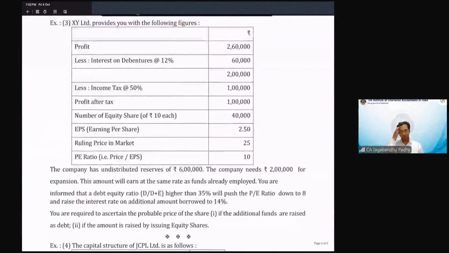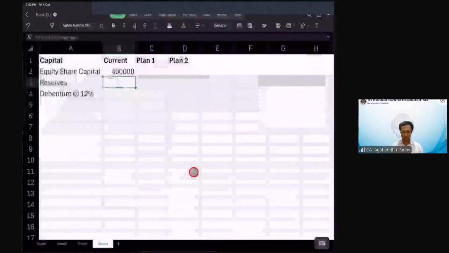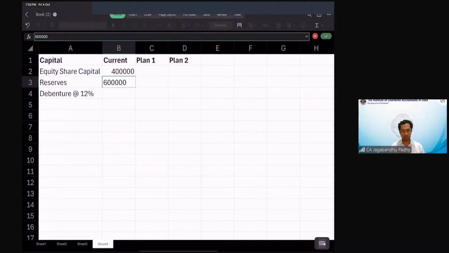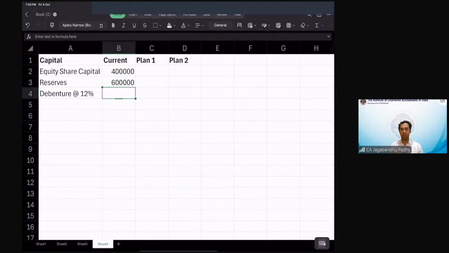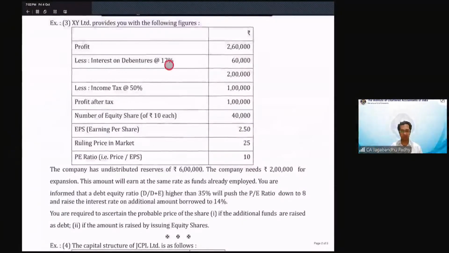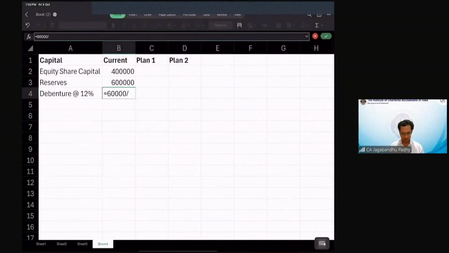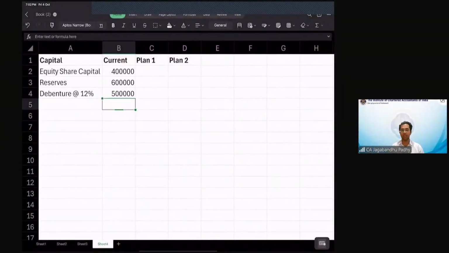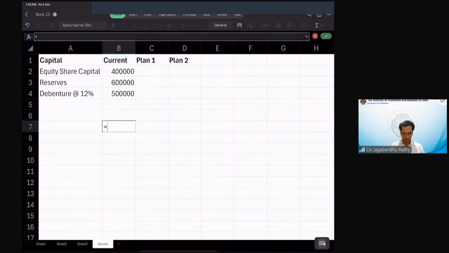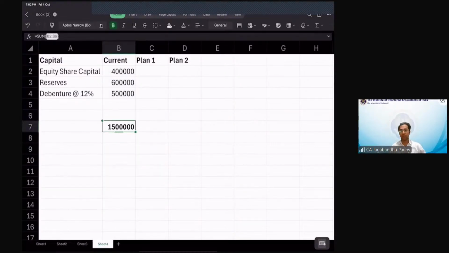Reserves are given already, 6 lakhs. Debentures at 12%, 60,000, so it will be 60,000 divided by 12%, which is 5 lakh. So existing capital is actually 15 lakh. Correct, guys?